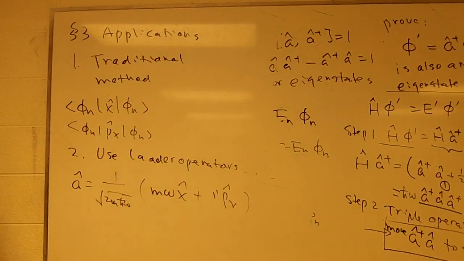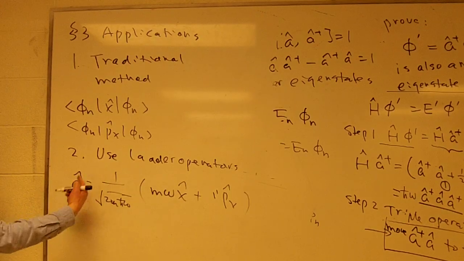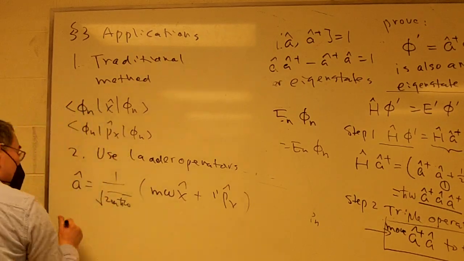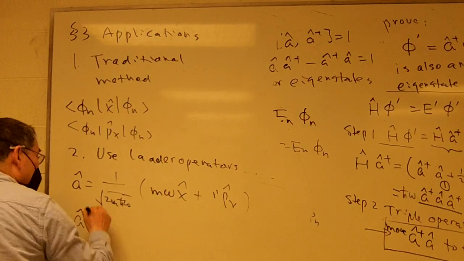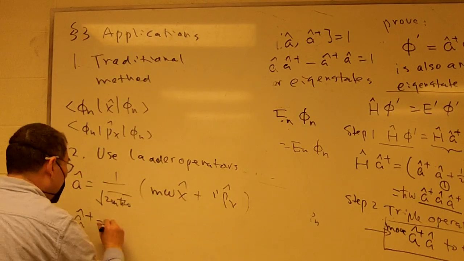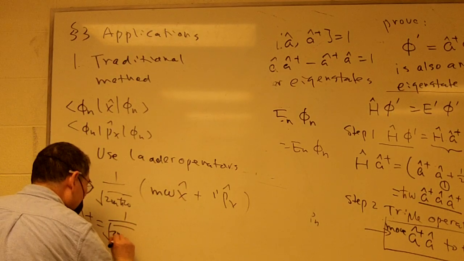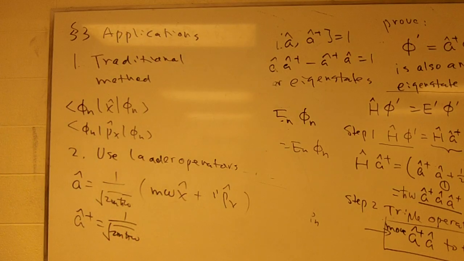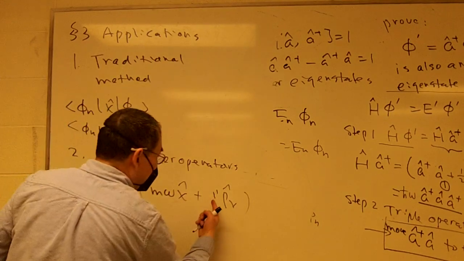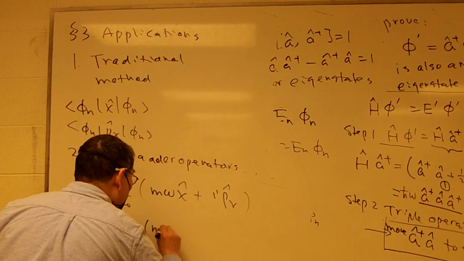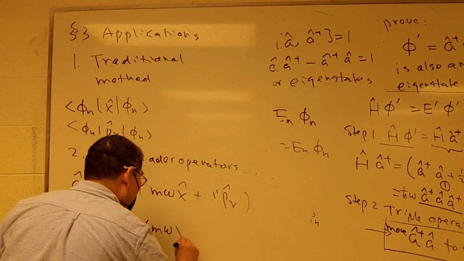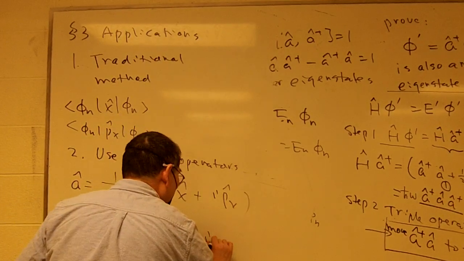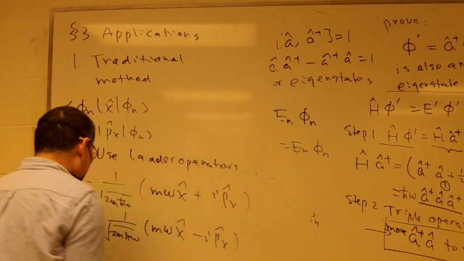And that's the a hat operator. A dagger is just the Hermitian conjugate of the previous operator. Again, this part doesn't change at all, and you only change this sign here, because x and p_x are always Hermitian, so this will be minus i p_x, like this.